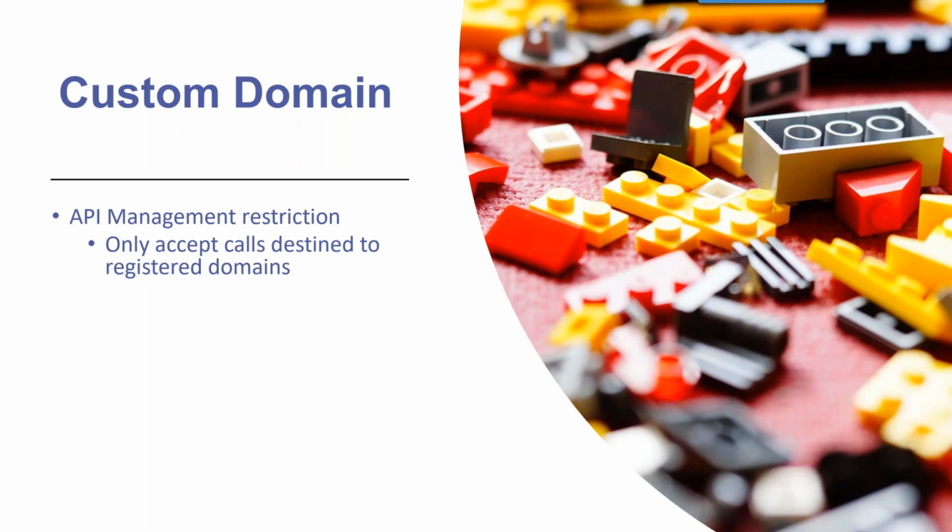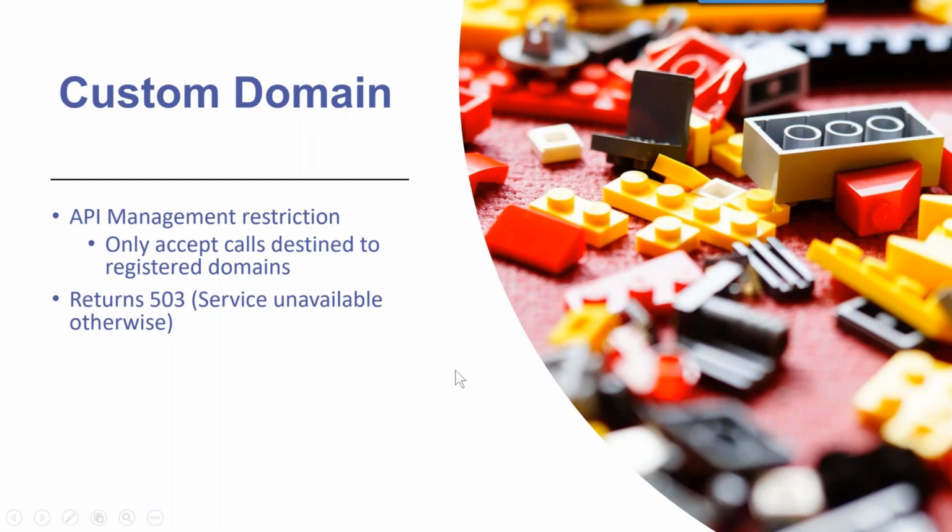It only accepts calls if they are destined to one of the registered domains, right? What that means is I need to have the domain in my list of proxies. If I don't have that, then the API management kind of throws a tantrum, saying that it's returning 503. Service is unavailable.